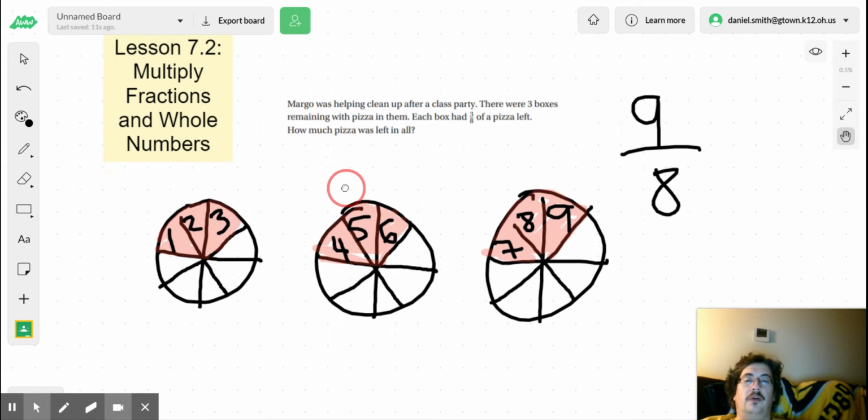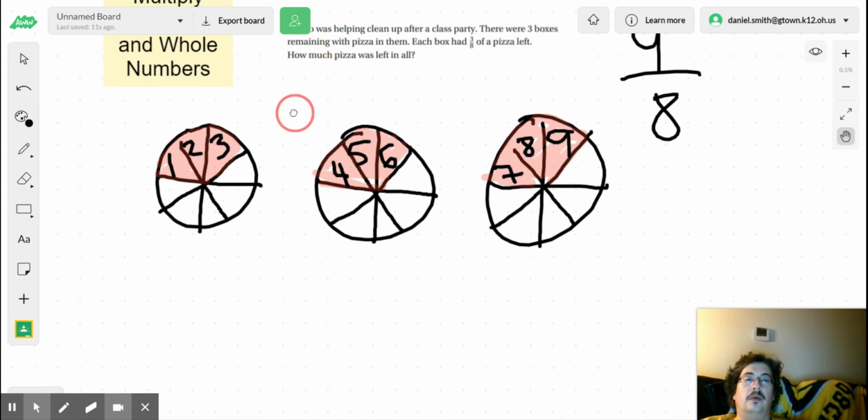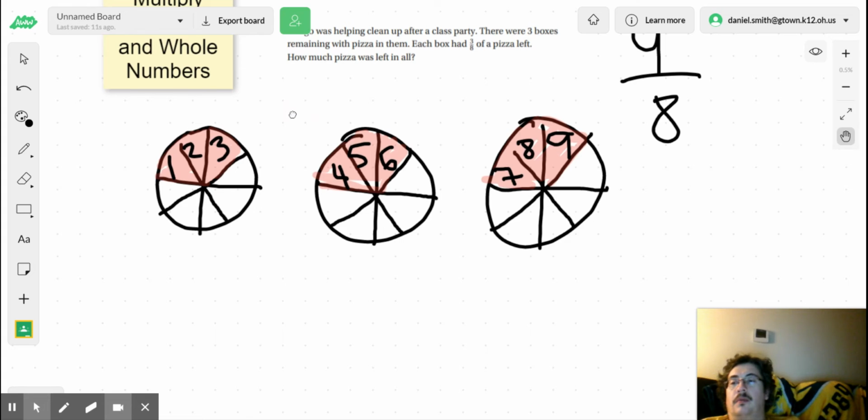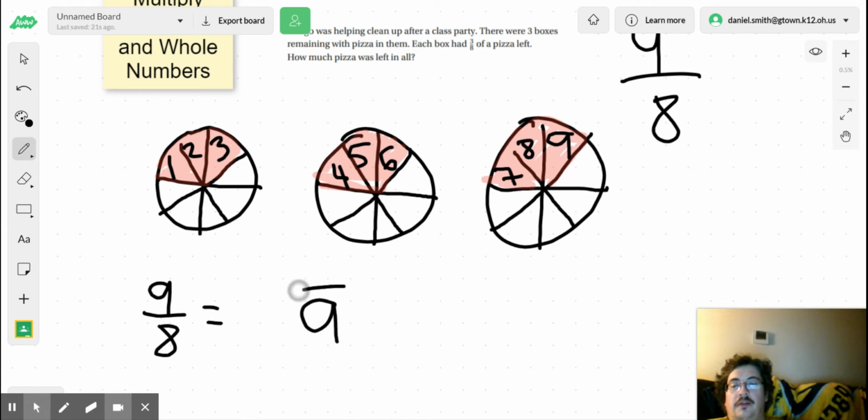All I would have to do is remember that 9/8 is really just 9 divided by 8, with 8 going into 9 only one time.